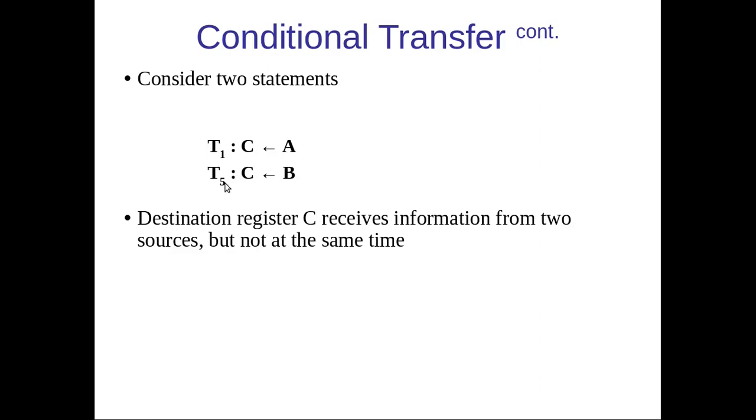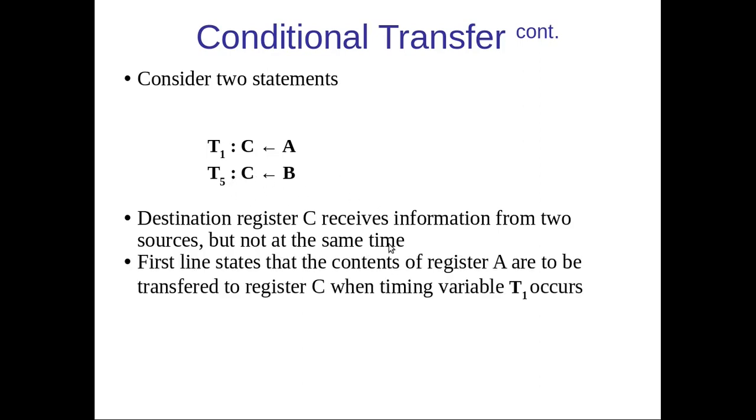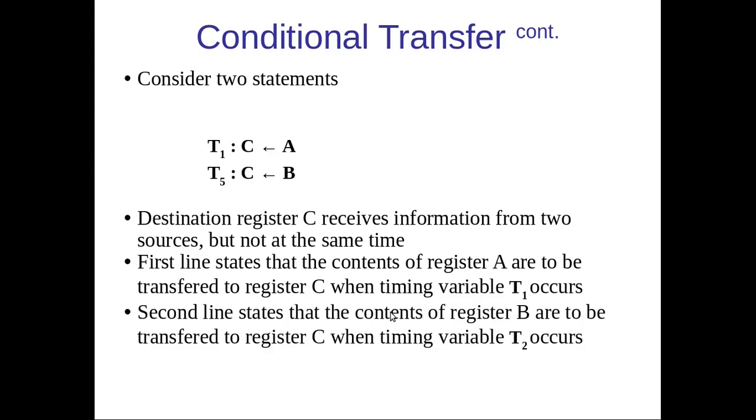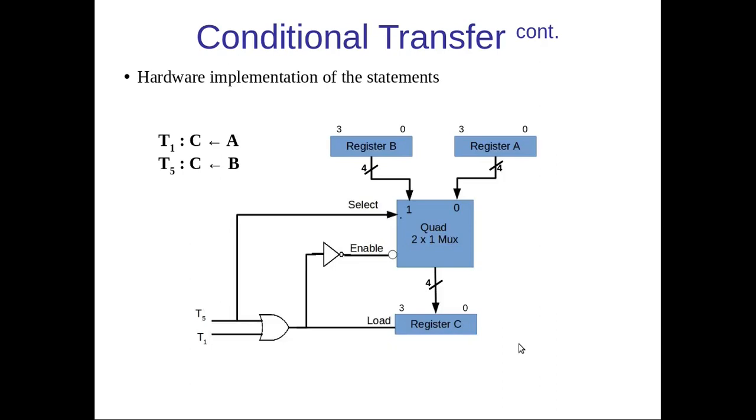Timing variable is different. First line states that the contents of register A are to be transferred into register C when timing variable T1 occurs, and second line states that the content of register B is to be transferred to register C when timing variable T2 occurs.